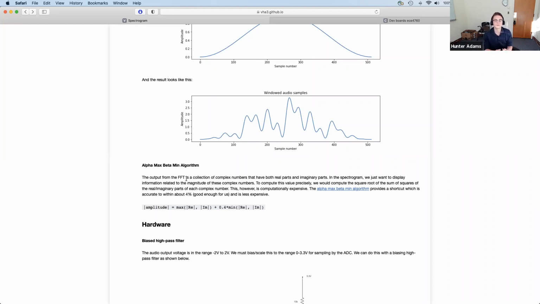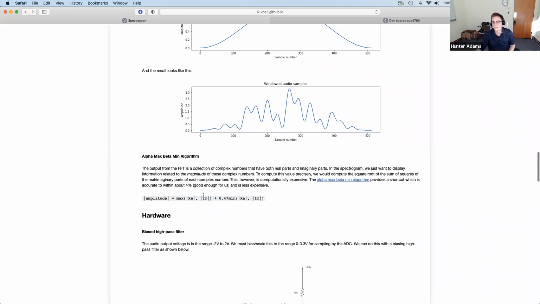What you're representing on the spectrogram is a magnitude. So you will loop through the two output arrays of the FFT and compute the magnitude of each complex number represented in that array. And you'll do so using the same algorithm that many of you are using for computing root sum of squares in the Boids lab, which is the alpha max beta min algorithm.